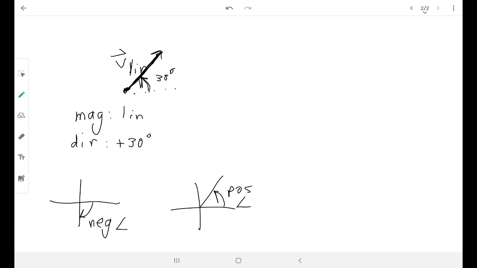For both of these, you could probably use a virtual ruler and a virtual protractor. There are apps for that on your phone if you want to do that, unless you have the physical ones there with you, but you can certainly use apps to do that. So that's just finding their magnitude and direction.